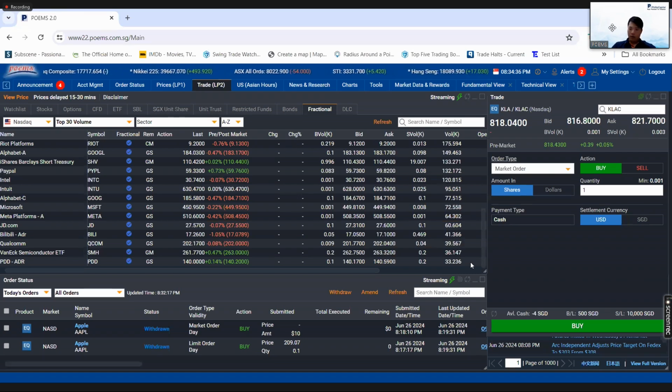One of the questions asked is why fractional shares can't be sold by dollar amount. The reason is this: suppose you have $500 worth of Apple shares, but the price is constantly changing.